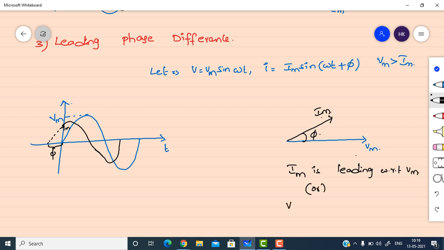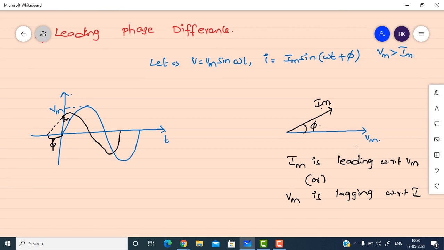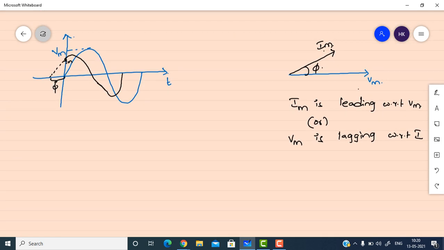Or voltage is lagging with respect to current. Voltage lagging means current leading, automatically. So we can state the equation in two ways. Is it clear? Lagging phase difference, leading phase difference, and how to draw the phasor diagram?